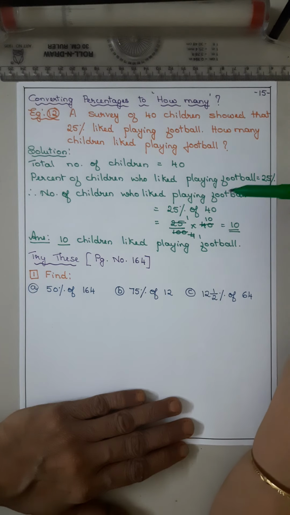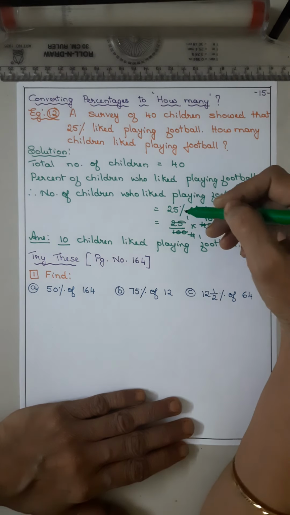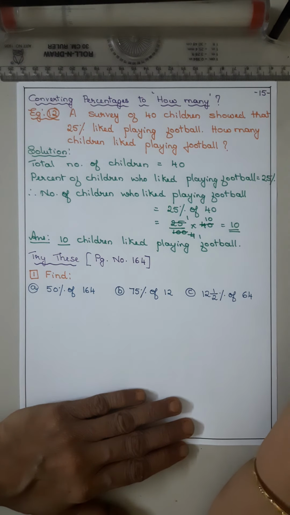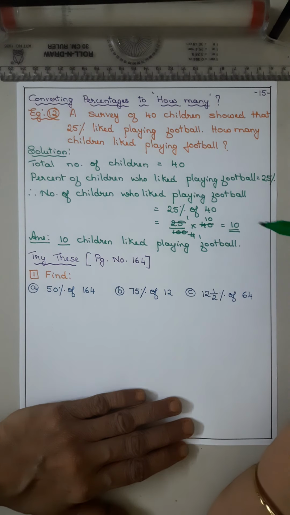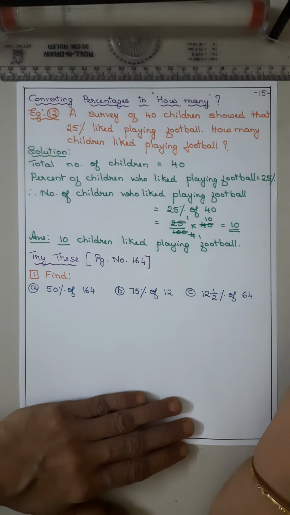So 25% of 40. So to get the number, what you do? 25% of total. 25% of 40. So 25 by 100 into 40. 25 ones are 25, 4 fours are 4, 4 tens are 40. So you got 10. So 10 children liked playing football.